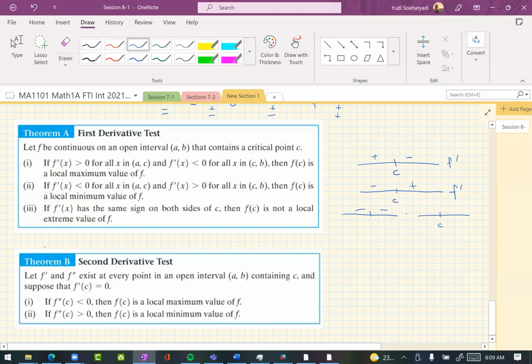And the conclusion is that these are the identifications. When you have something like this, then you have local max here. In this case, you have decreasing, increasing, you have local min. And this one is neither min nor max.